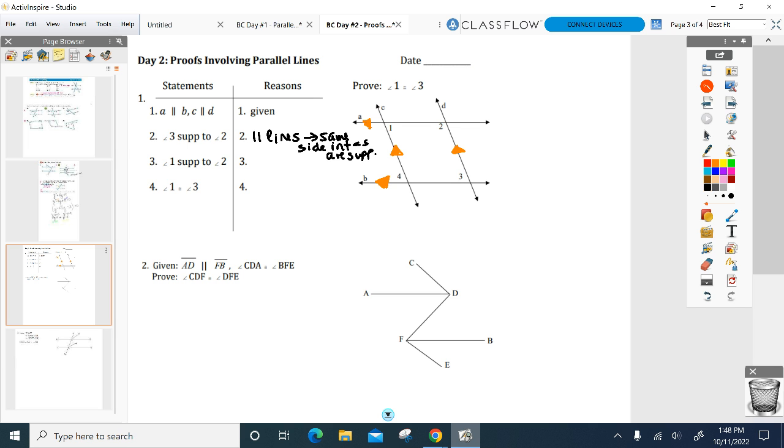Inside. 1 and 2, same side or alternate side of transversal A? Same side. Okay, put them both together. What do you got? Same side interior. Okay, there we go. So that's why they're supplementary, because again, they are parallel lines. Imply same side interior angles are supplementary.